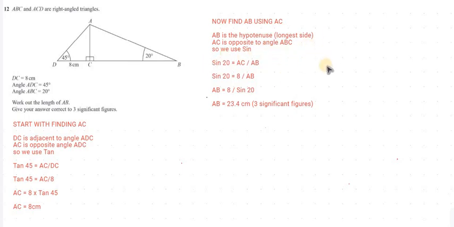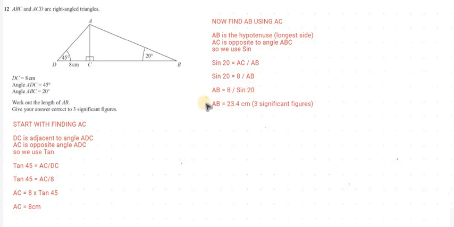So in SOHCAHTOA, sine of the angle we use to find our opposite and its hypotenuse. So that's angle ABC, sine 20 is equal to AC divided by AB, the hypotenuse. So sine 20 is equal to 8 over AB. So if we rearrange, we get AB is equal to 8 divided by sine 20.